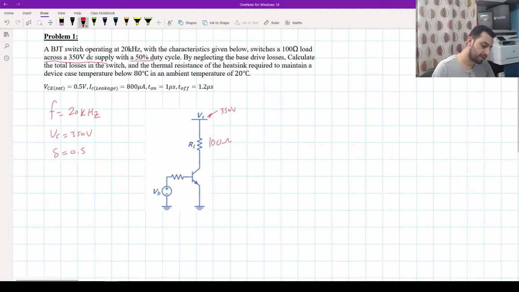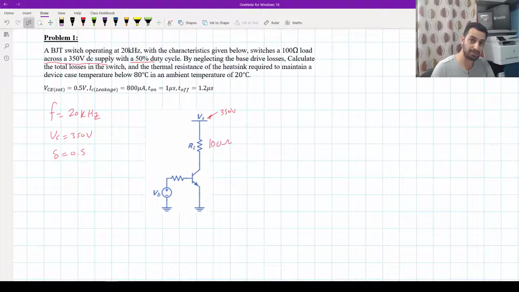By neglecting the base drive losses, which means the current pushed to the base, we will ignore these currents that make the driving losses. We want to calculate the total losses in the switch.